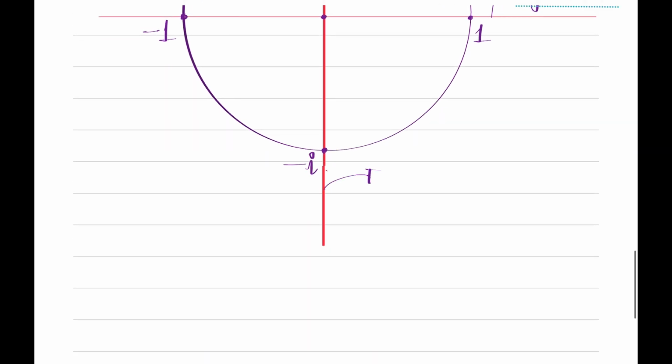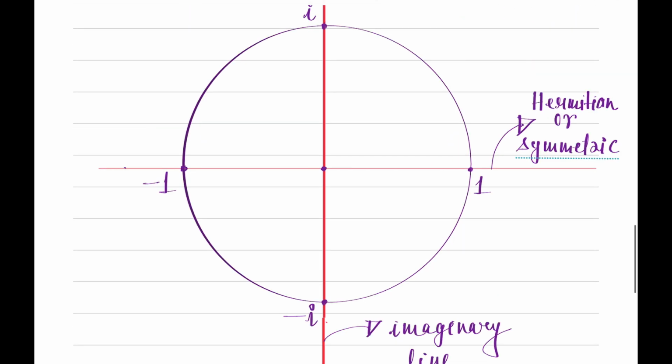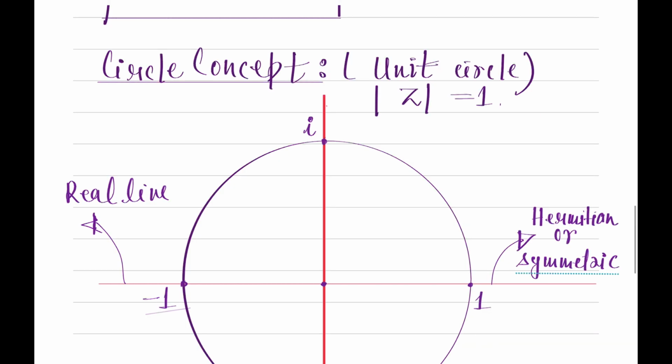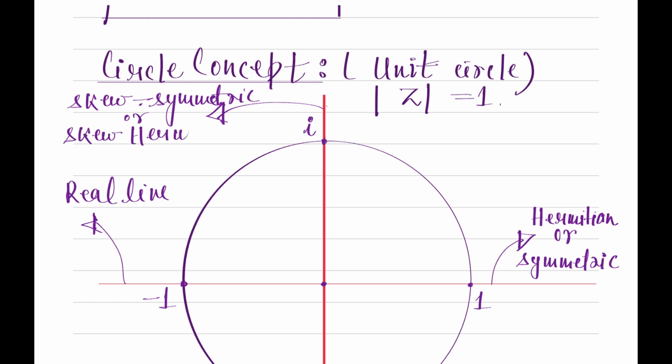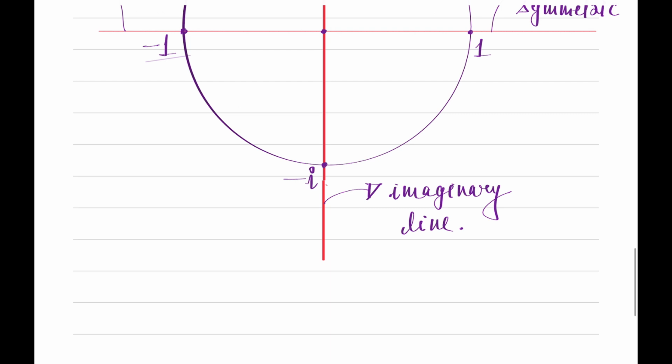Now this line will represent the imaginary line, and this line will represent the real line, and this line will represent our skew symmetric or skew Hermitian. So we have to remember this concept, and this will be 0.